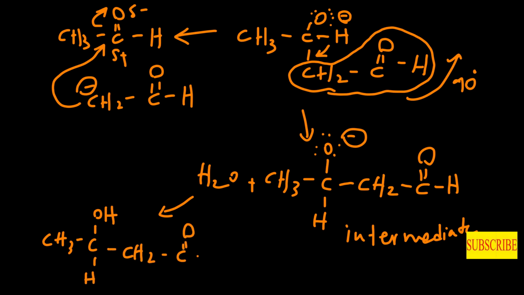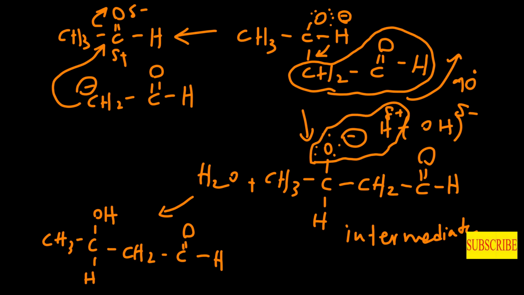I will show you how this one is happening, and we can see H2O is polarized just like this. Hydrogen takes delta plus charge and OH minus has delta minus charge. Then this oxygen and hydrogen make bonds in this reaction.